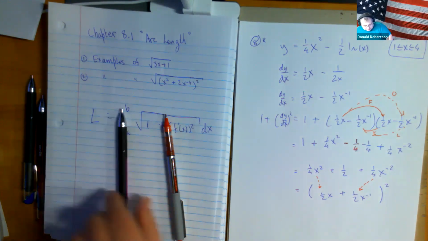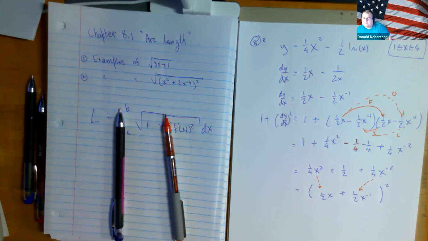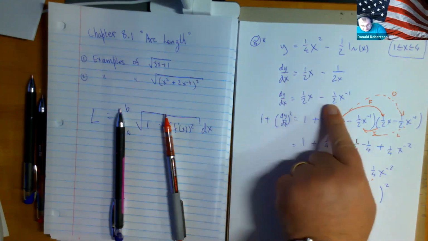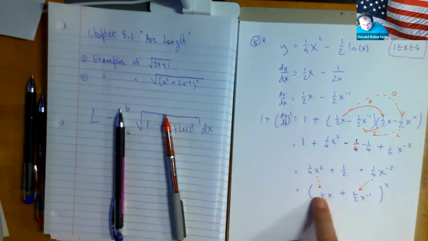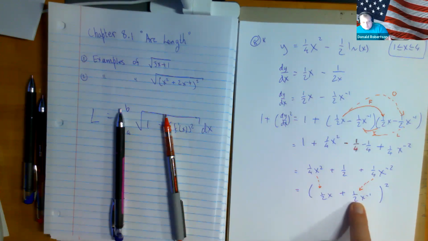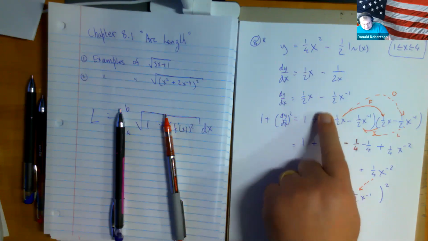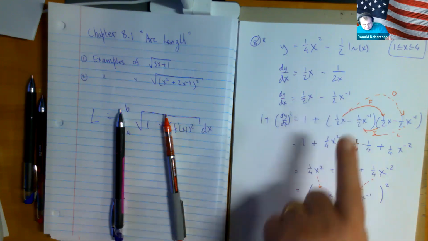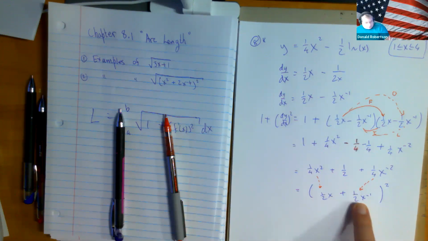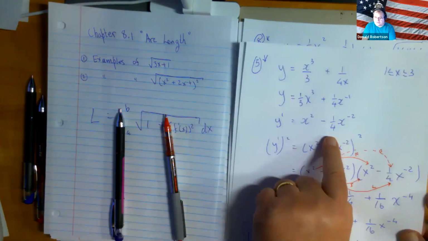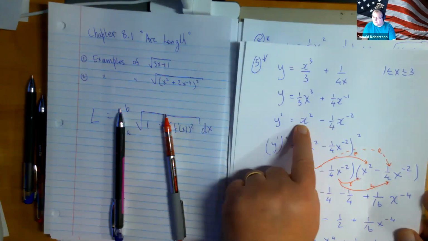Now, I want to show you something that happens so many times. It's not quite a rule, but it's a cool thing if it works. Do you notice that this derivative here and this guy here are almost identical? Do you notice that's a negative and this is a positive? The derivative is these 2 terms, and this guy squared is the same 2 terms but with a plus. You remember this guy, the derivative, the one we just did?